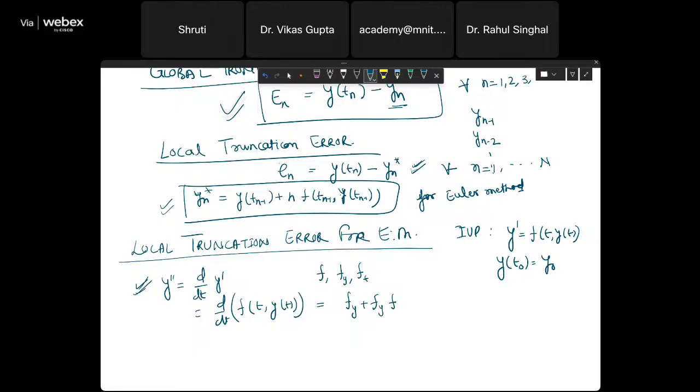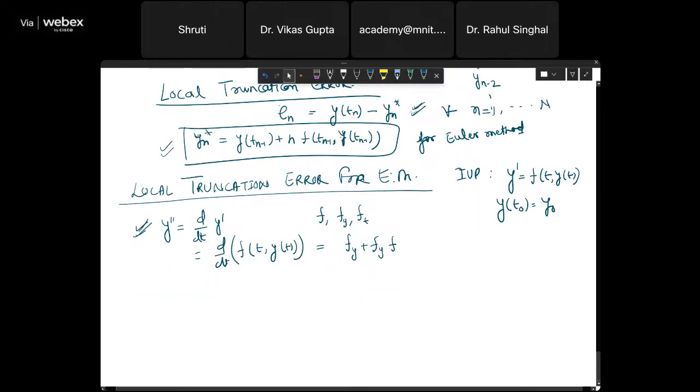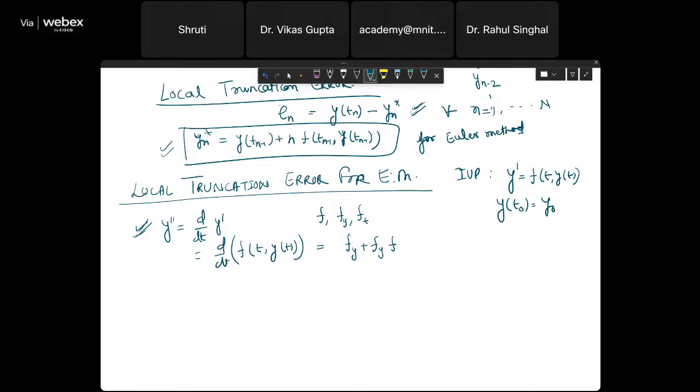So with this assumption, now if we expand y at tn plus 1 using the Taylor series about the point t equal to tn, we have y at tn plus h equals y at tn plus h times, where h is the difference between tn plus 1 and tn, that is, the difference between tn plus h and tn is h.